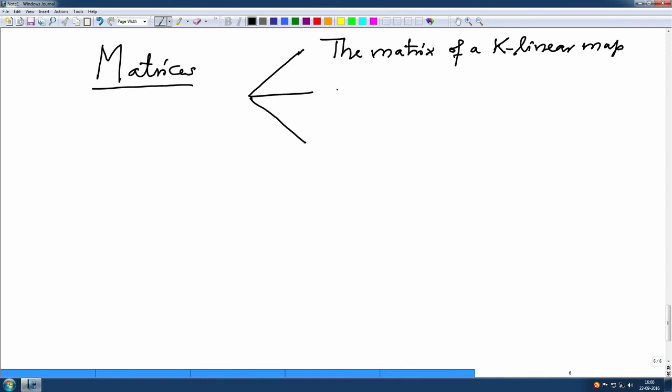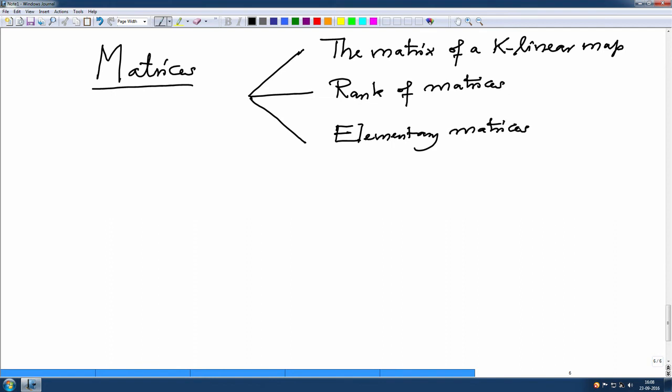Then I will study rank of matrices. Then I will study elementary matrices. These are the 3 topics we will mainly cover.